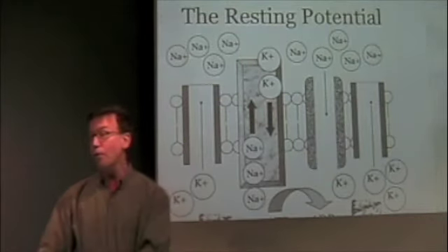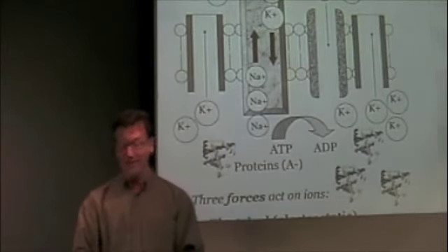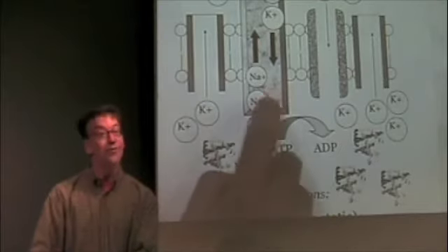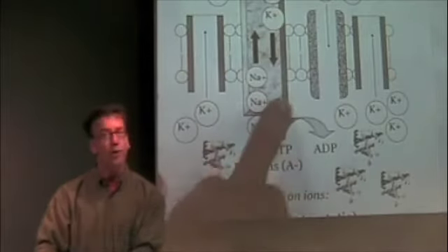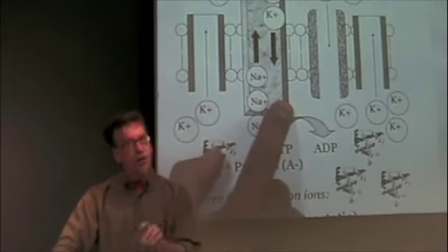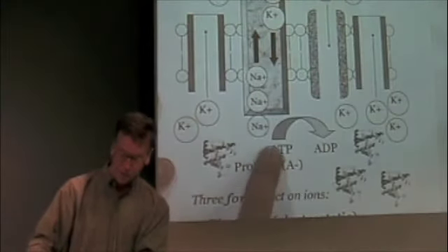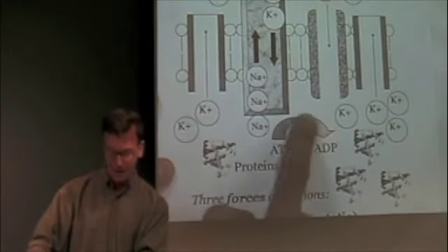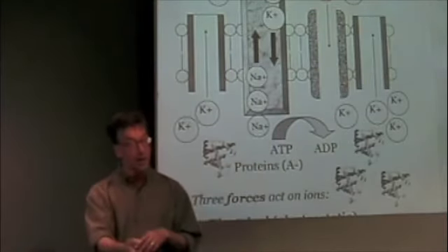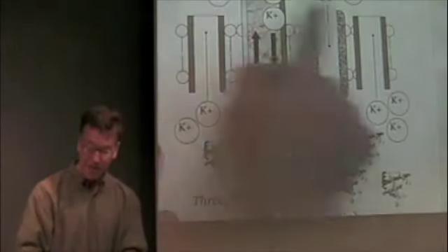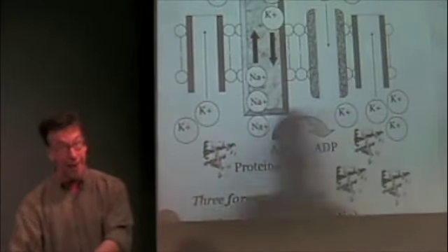Now there's one more force, and it's a biological force. It's a force that you manufacture. It's this sodium-potassium pump. This pump is a protein that's generated based upon instructions in your genes, and inserted into the membrane, and utilizing ATP, it takes energy to operate. It helps establish these concentration gradients by pushing sodium out and having it mass outside, and pulling potassium in and having it mass on the inside.